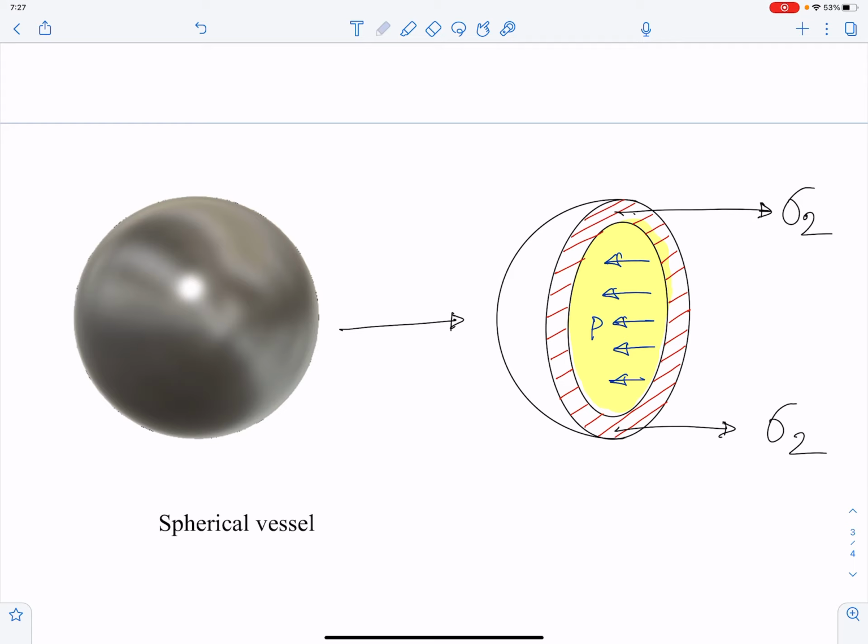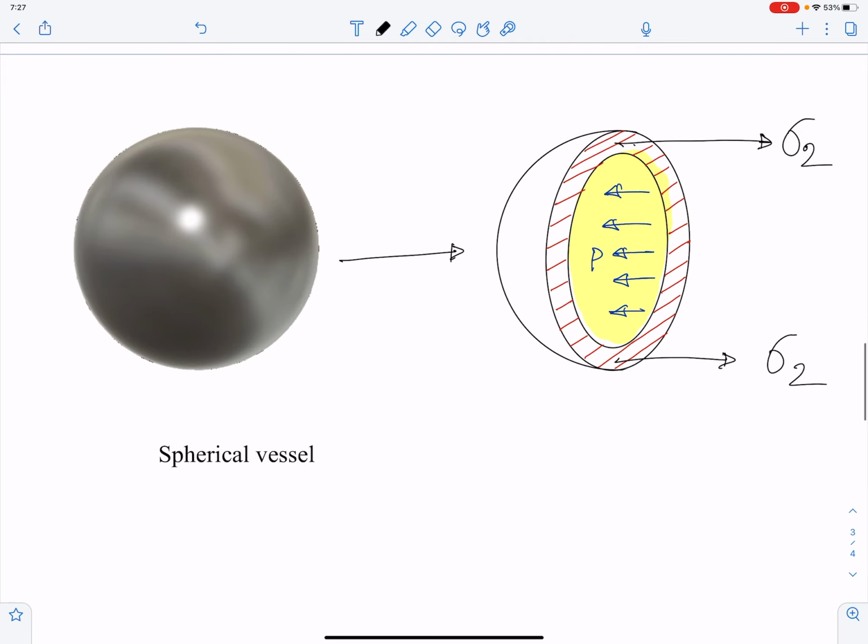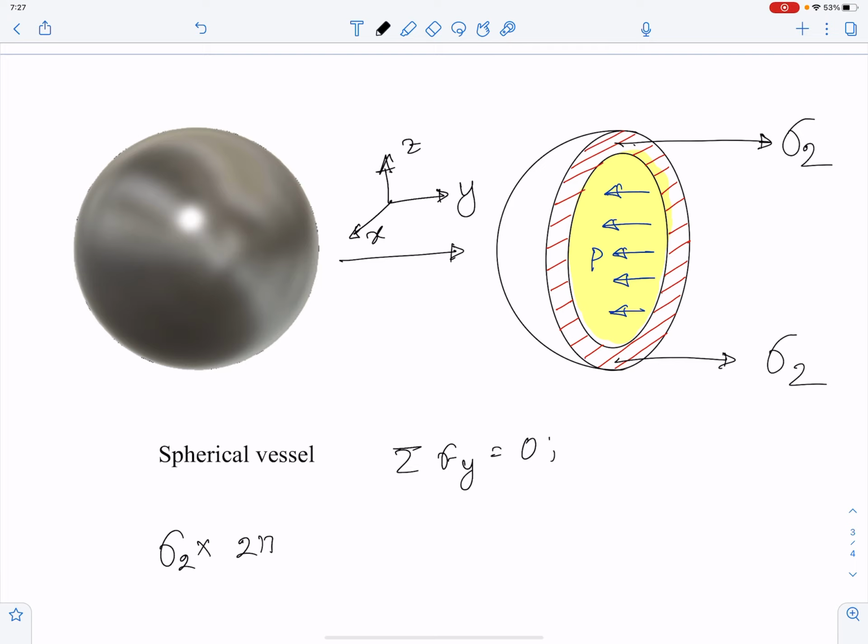For this particular case, again, if we do the force balance, still considering this is y, this is z, and this is x, then summation of Fy would be 0. So it would be sigma 2 times twice pi r times the thickness, because the thickness of this ball is t, right?